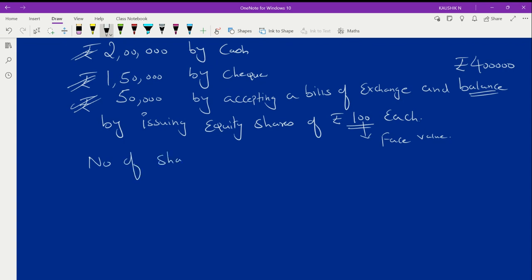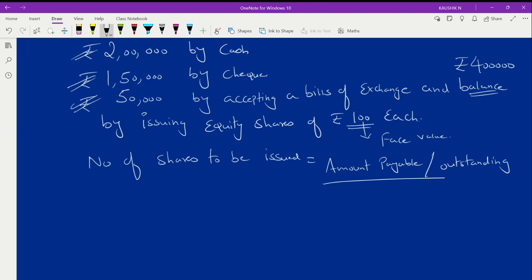Number of shares to be issued is equal to amount payable, or you can say amount outstanding, divided by issue price.